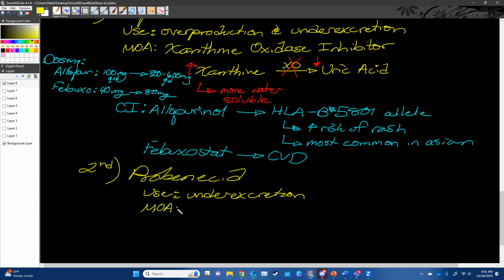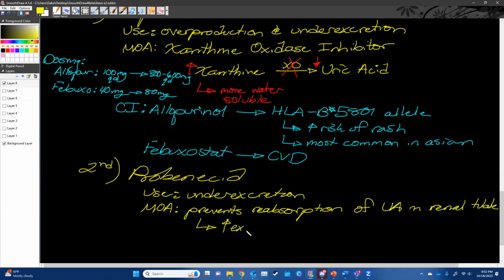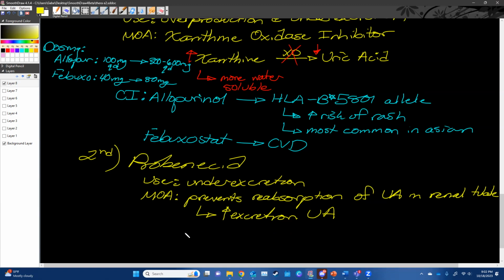The way that it works is that it prevents reabsorption of uric acid in the tubule. So in other words, you're increasing excretion of uric acid. It's specifically inhibiting what's called the URAT1 transporter, in case you need that vocab word.